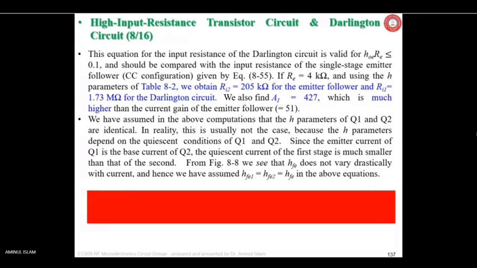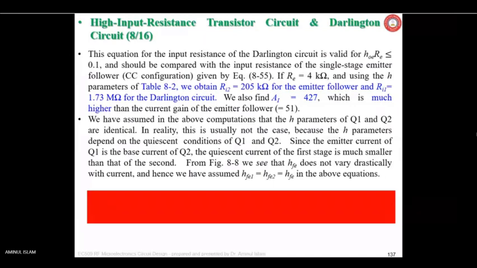Darlington circuit. At the beginning we have already seen that current gain is not much affected. Voltage gain, what happens to voltage gain? It decreases. And what other thing happens? Input resistance? Increases. Output resistance? Decreases.